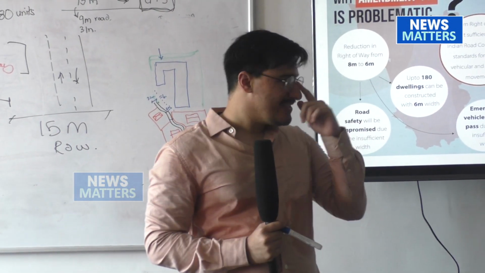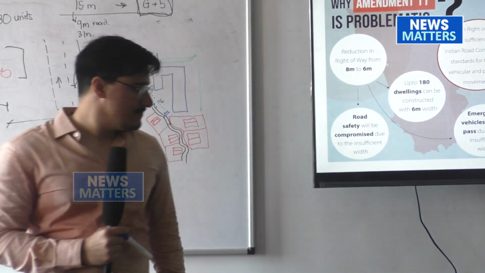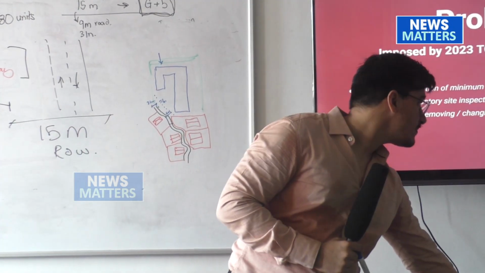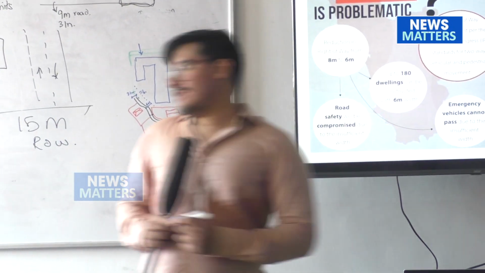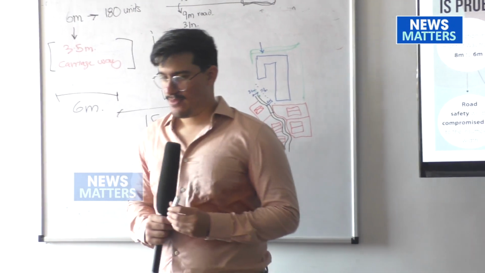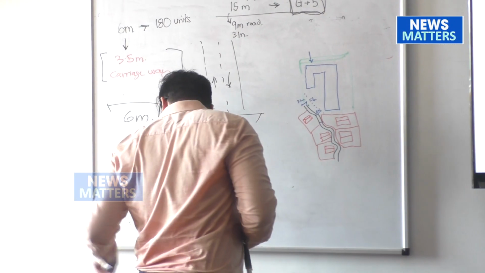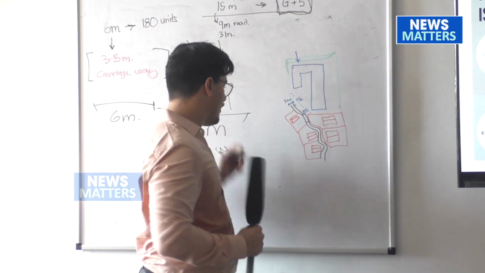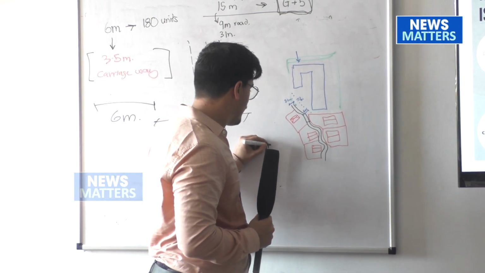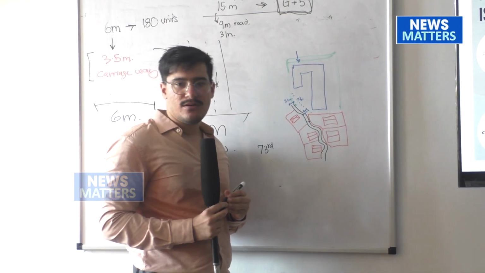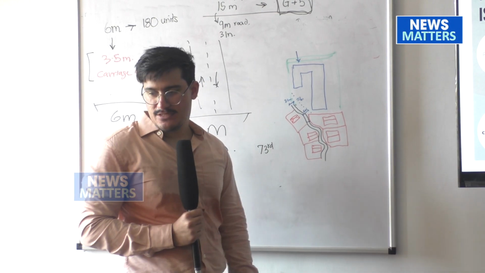Just go back. Before that, what was the role of the panchayat? The panchayat always has a role. Under the 73rd Amendment, the panchayat has the power to give construction permissions.